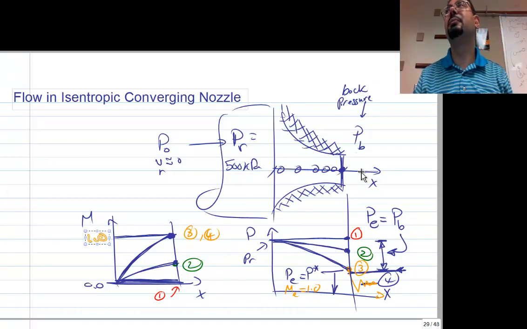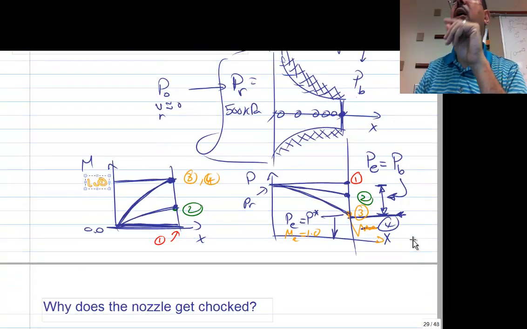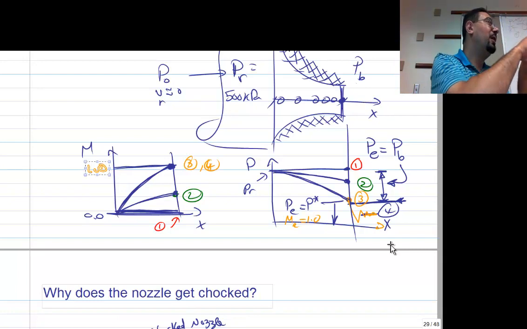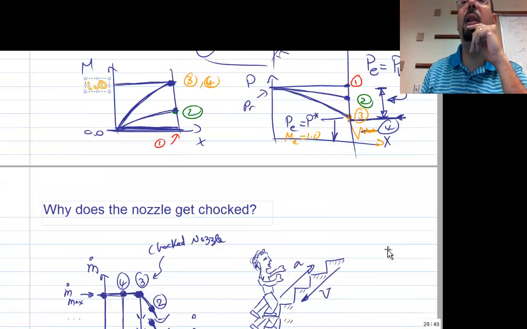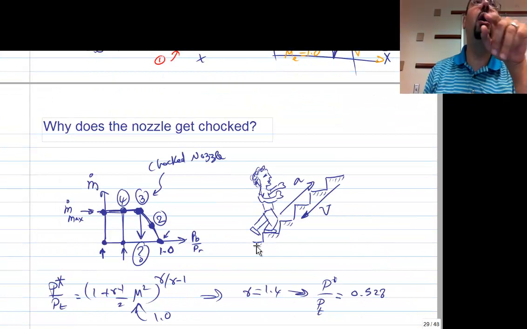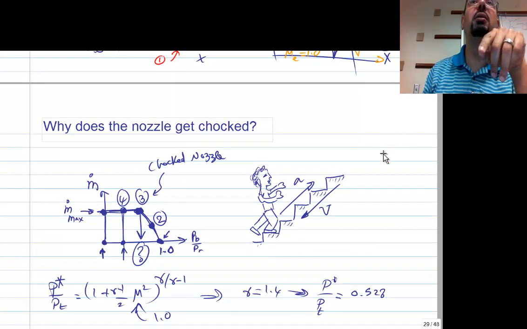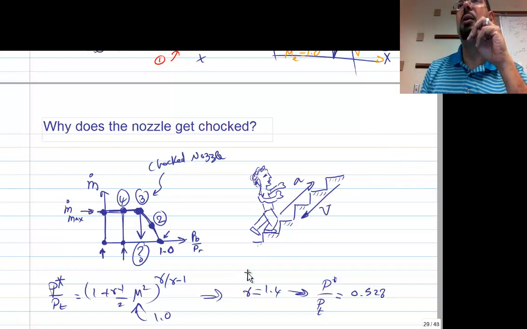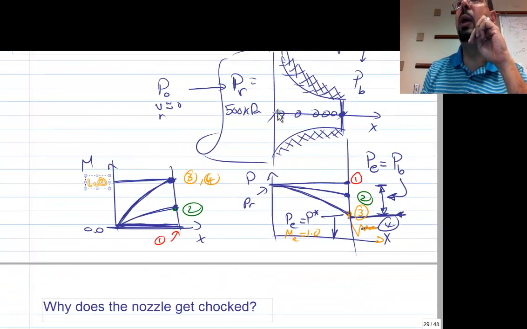Because you cannot tell it that the pressure outside just dropped. The example I would like to give is this: if you are going up an escalator, but the escalator is also moving down at the same speed, will you ever be able to go up?